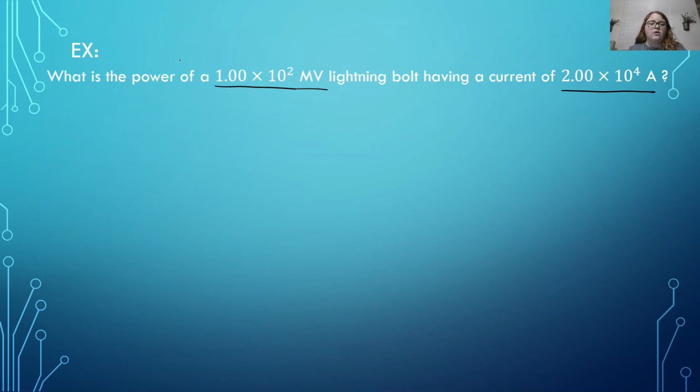So I'm looking for power given voltage and current. And this M here is mega, and that is times 10 to the sixth.